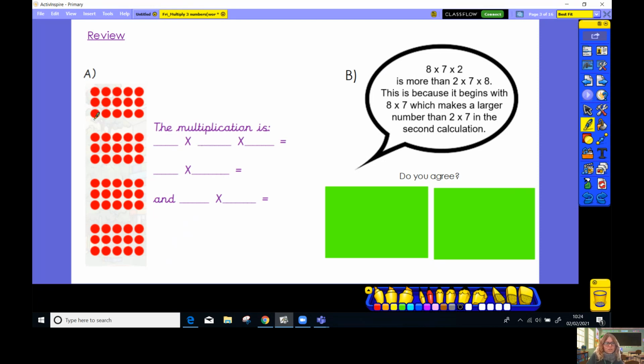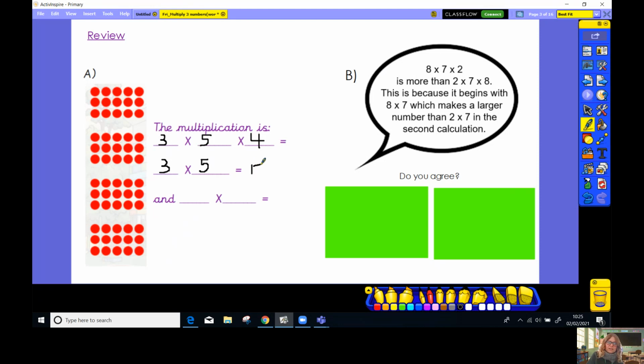We have got 1, 2, 3 rows of 1, 2, 3, 4, 5 columns. And there are 1, 2, 3, 4 groups of that. So we have the multiplication 3 times 5 times 4. Okay, we're going to take this first calculation. I'm going to do this one first of all. 3 times 5. What's 3 times 5?